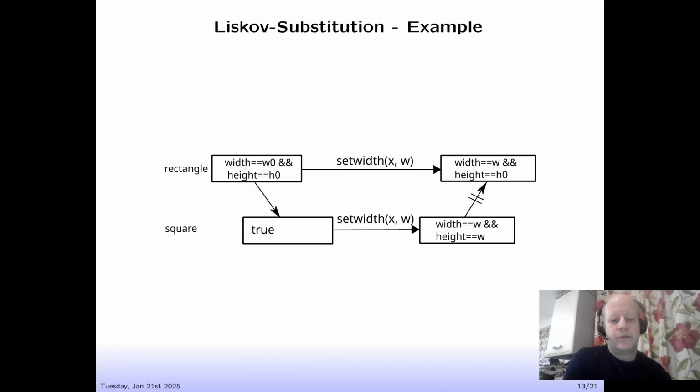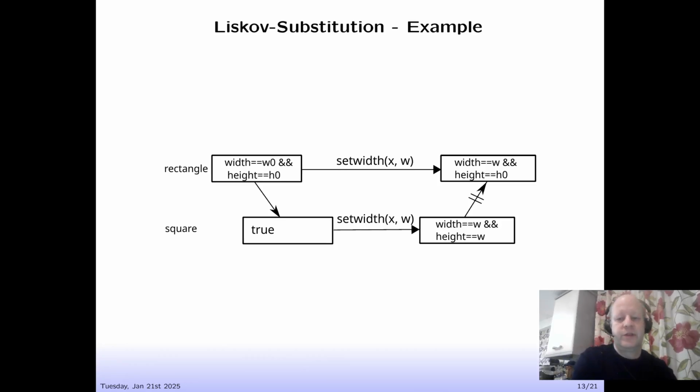The precondition for the set width method of the square type is simply true, it is always true. And after setting the width of the square, we get width equals W and height equals W as well. This does not imply the original postcondition anymore, so the Liskov substitution principle is violated.